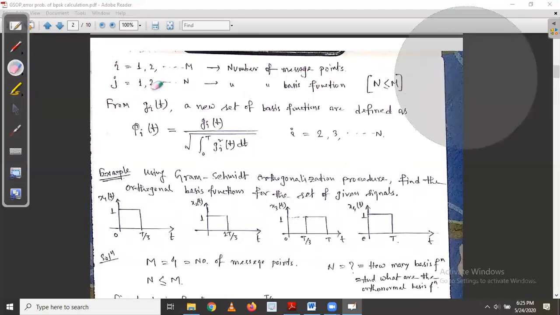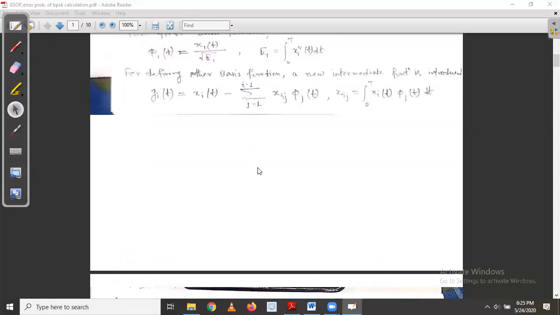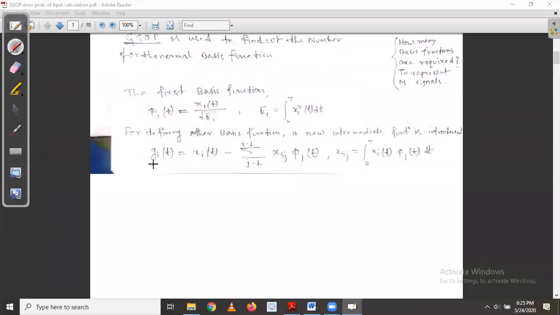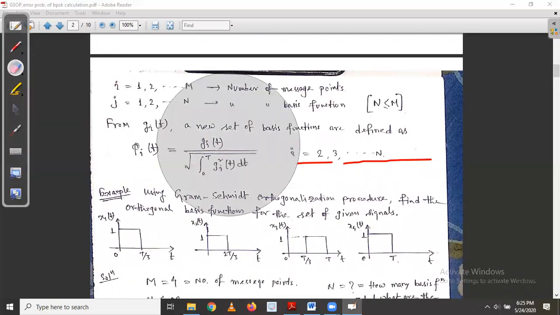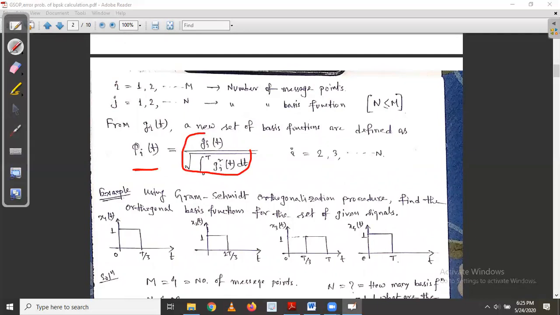So the simple thing is that we have two steps actually. The first step is that we have to calculate this one, in which this is unknown. To calculate this one, we have to use this expression. After that, we have to calculate phi_i(t) from g_i.